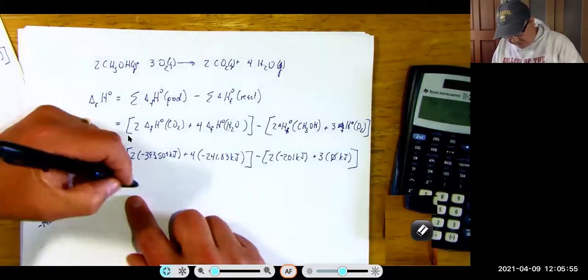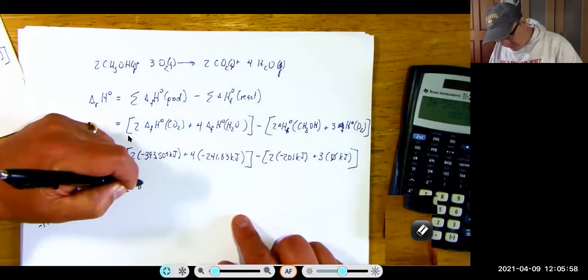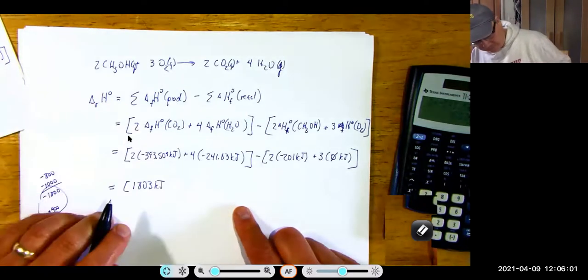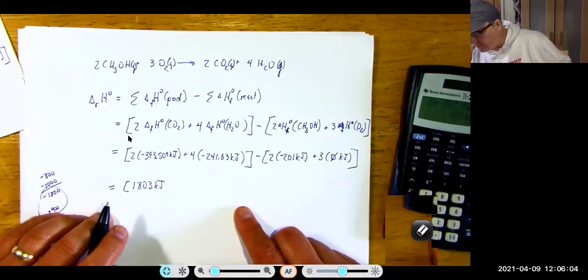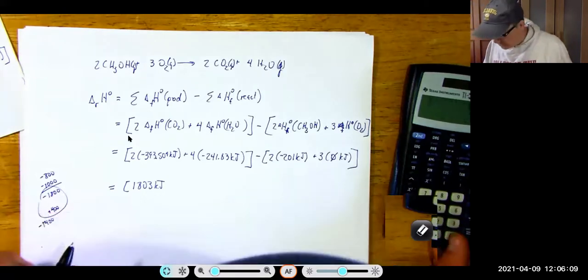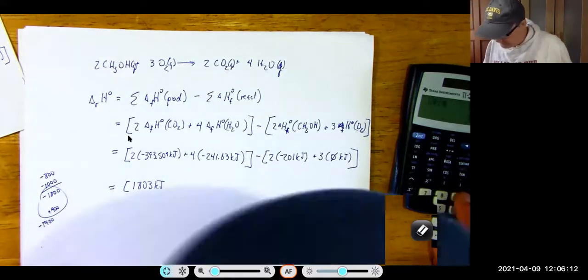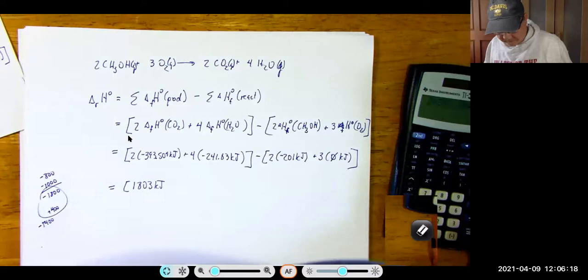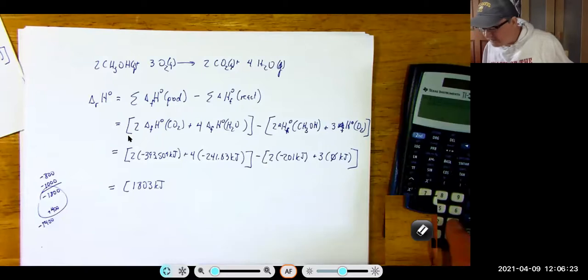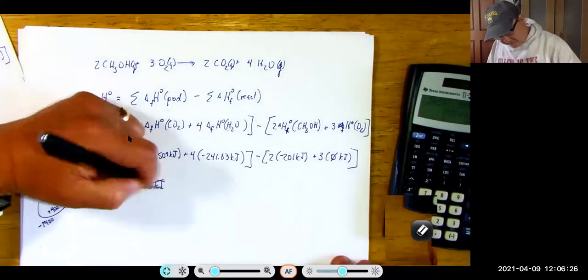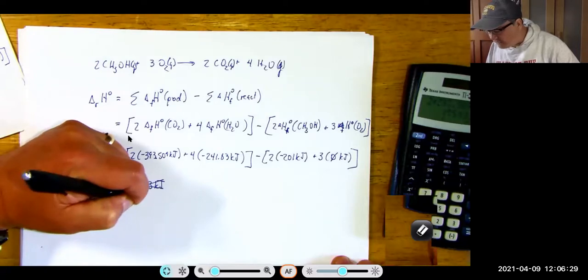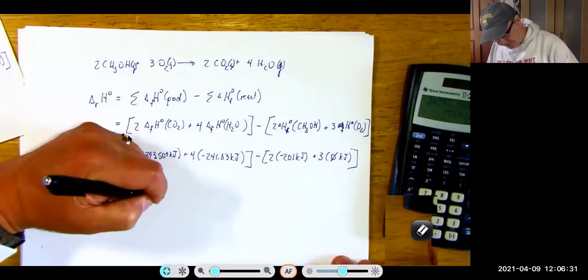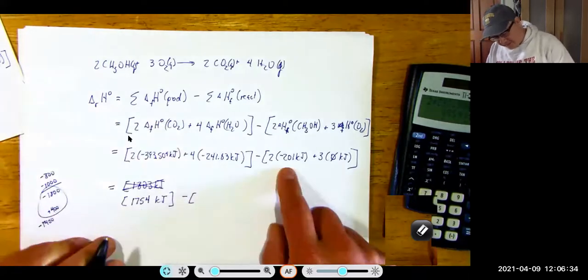Okay, so this total is 1,803 kilojoules. Wait, I'm not sure if I did that right. It's 1,754 kilojoules minus, well, I can do that one in my head, right?